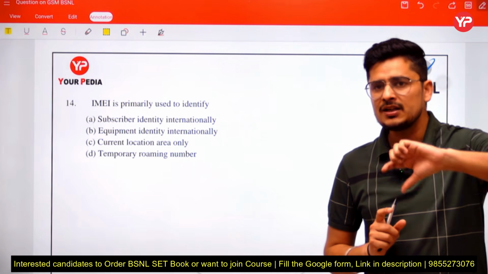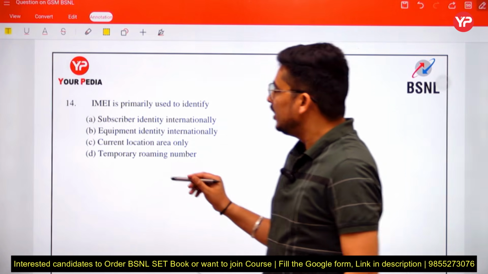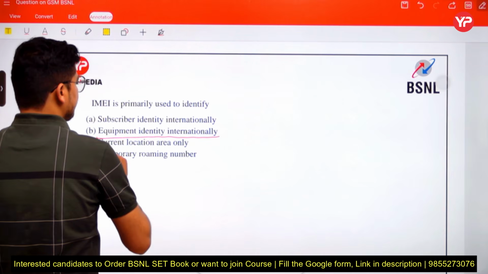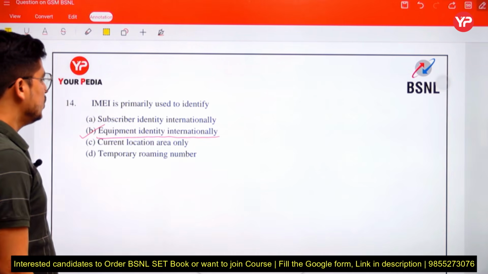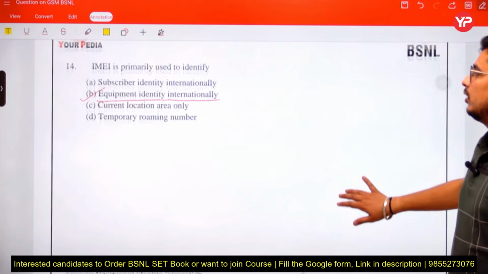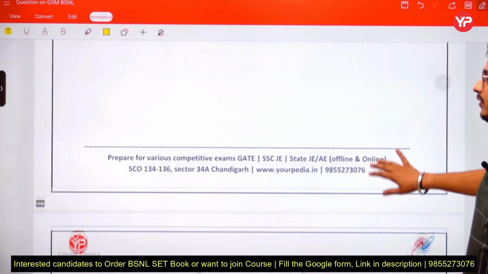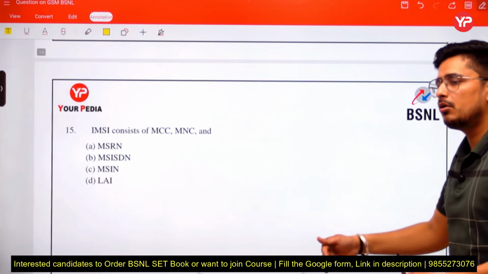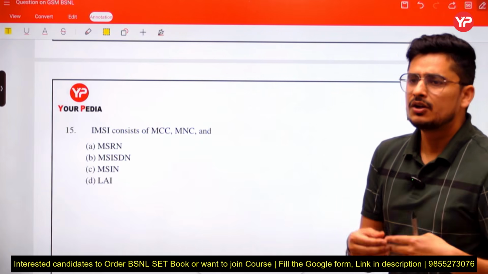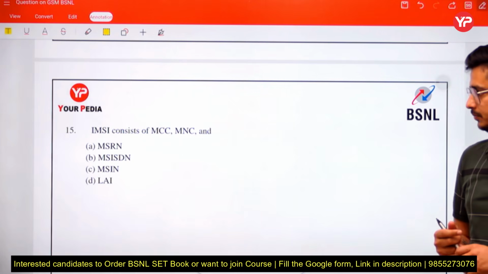That IMEI number uniquely identifies your phone. So it is used to identify the equipment identity internationally. Based on that, we can find that this is your mobile, which brand it is from, and which technology it can use. All this information will be given by this IMEI number.